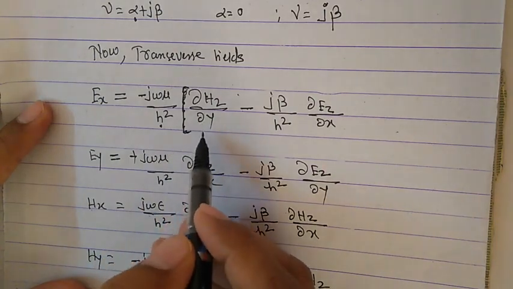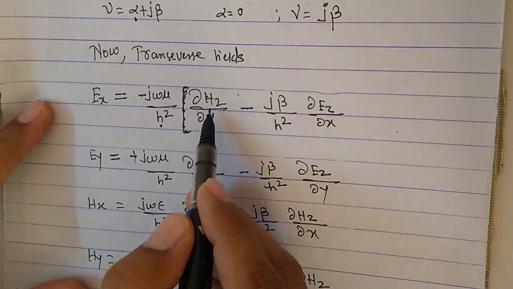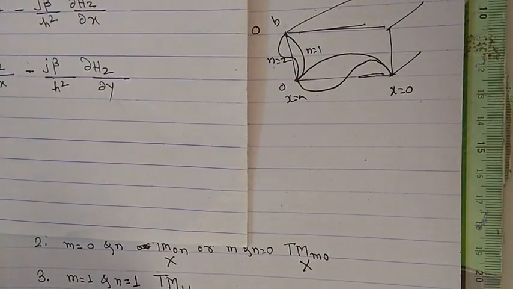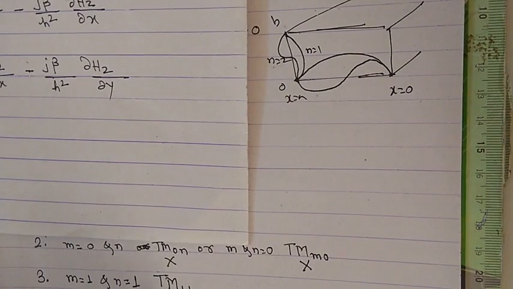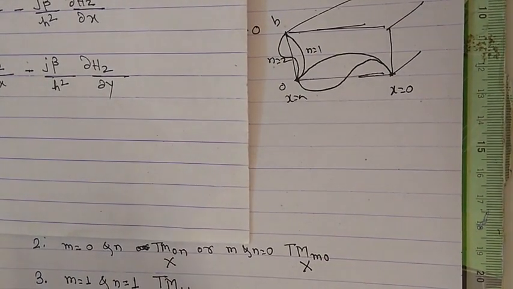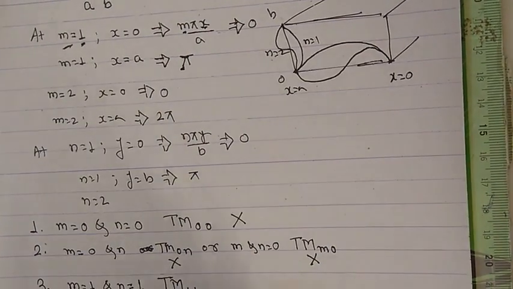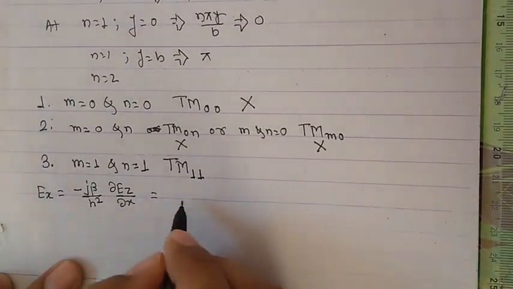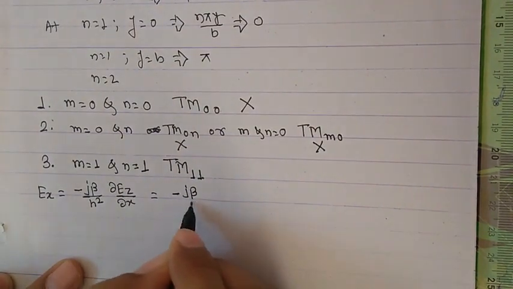Hz is already 0 for TM. So this part we have to write: minus j beta upon h square del Ez by del x.